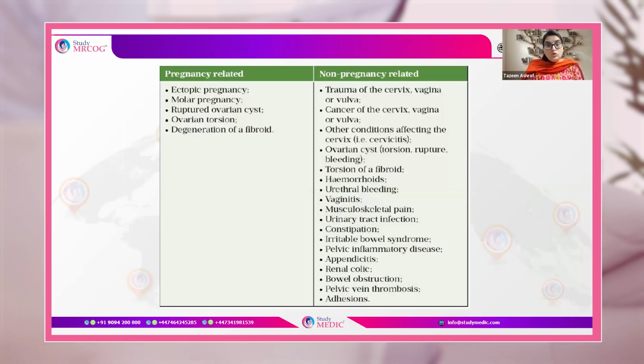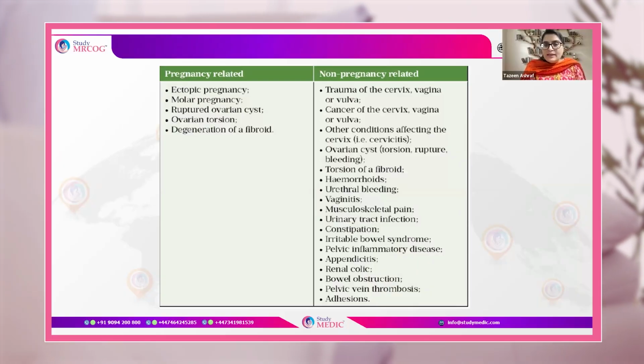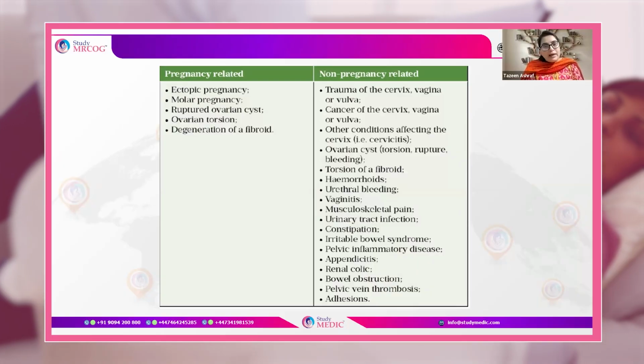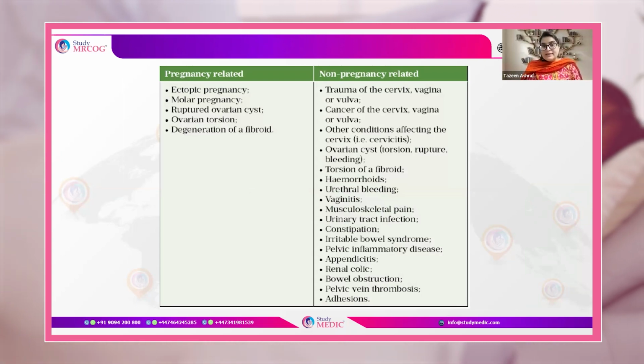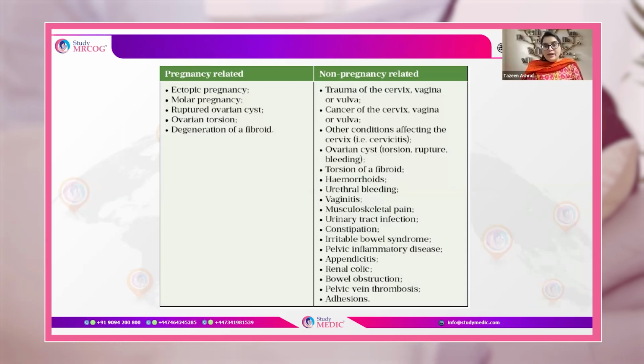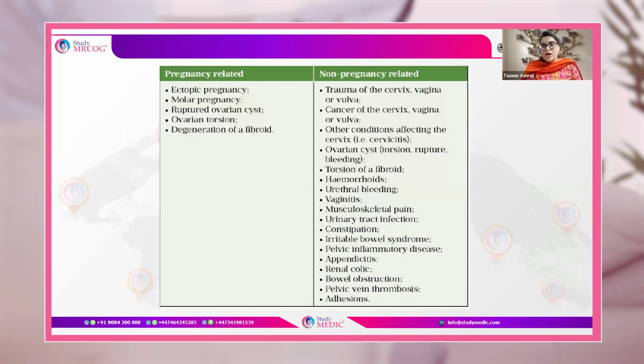So what are the differentials which can be associated with miscarriage? Pregnancy related: ectopic pregnancy, molar pregnancy, ruptured ovarian cyst, which can present in the same way with abdominal pain and bleeding, ovarian torsion, degeneration of fibroid.